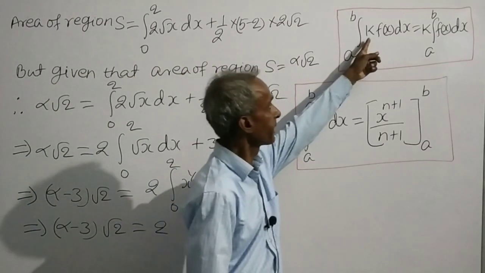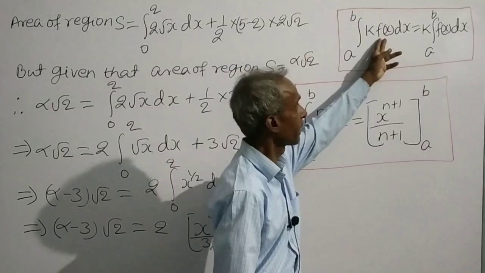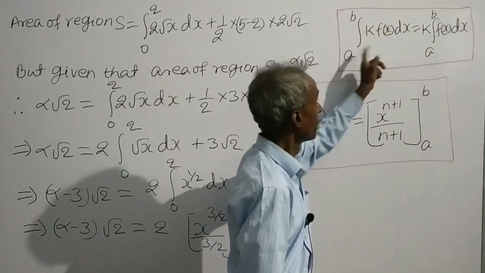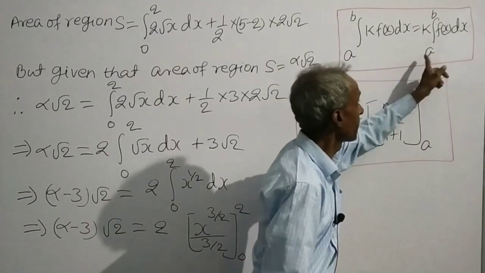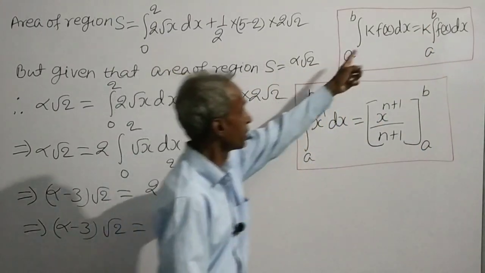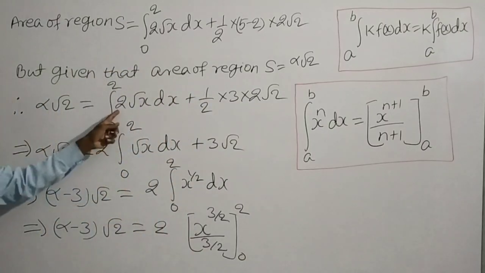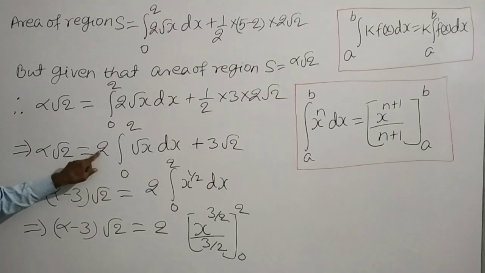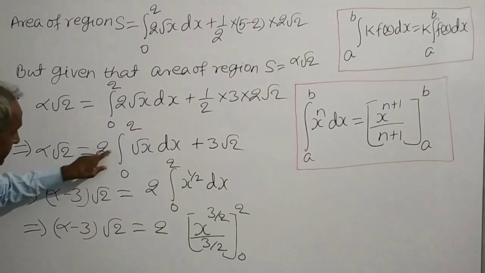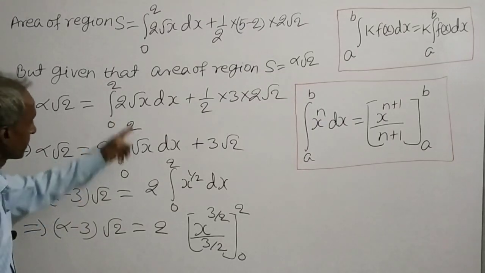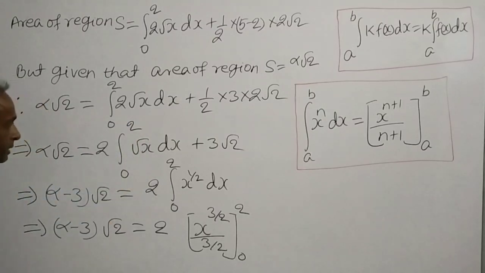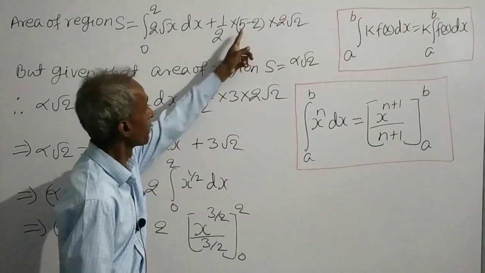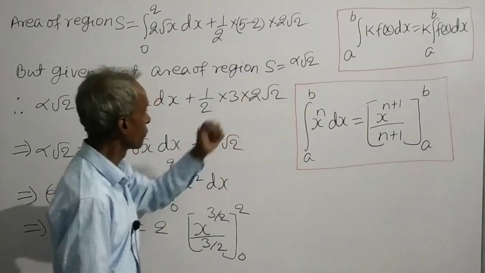Now this is a property: k times the integral of f(x) dx from a to b equals k times the integration of f(x) dx. By using this property, we can write this 2 on the left hand side, outside of this integration sign, then here will be left root x, and here 5 minus 2 will be equal to 3.